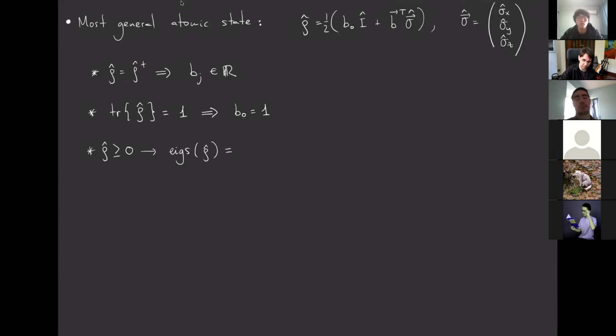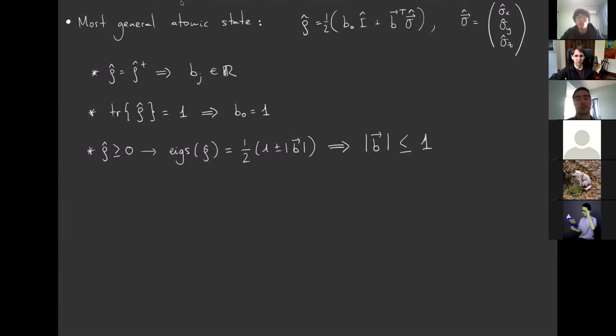The eigenvalues of this are completely trivial. It's a 2x2 matrix, and you can check that the eigenvalues are just 1 plus minus the absolute value of B. Okay, so this automatically means that the B's that we can write for physical quantum states are not any B, but they must be upper bounded by 1.